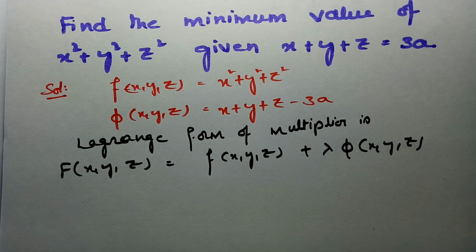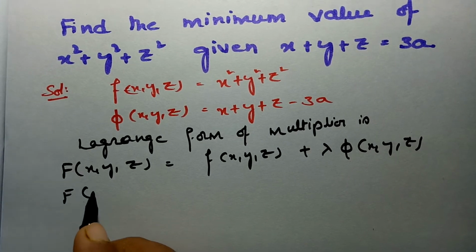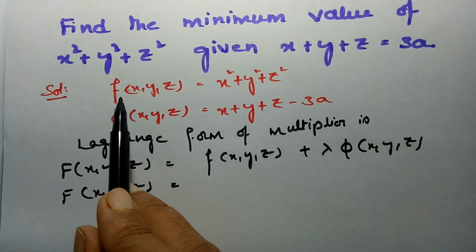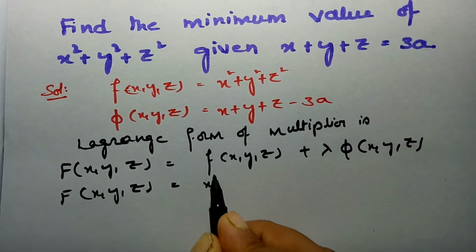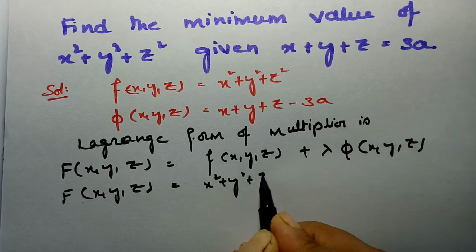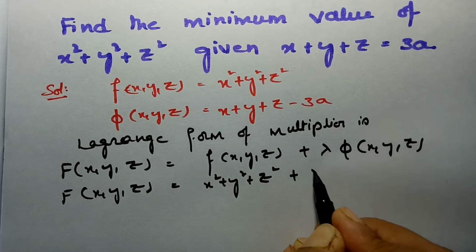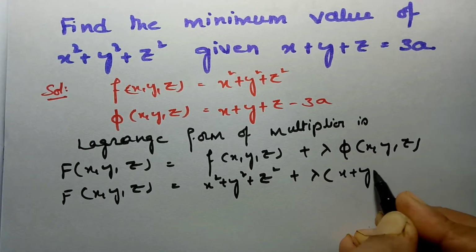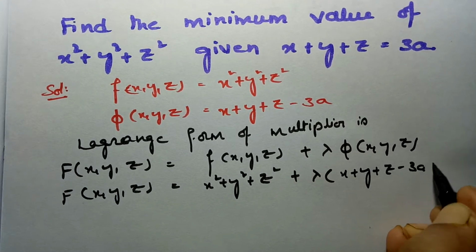Here I have to substitute the values. So capital F of x comma y comma z is x square plus y square plus z square plus lambda times the condition, x plus y plus z minus 3a.